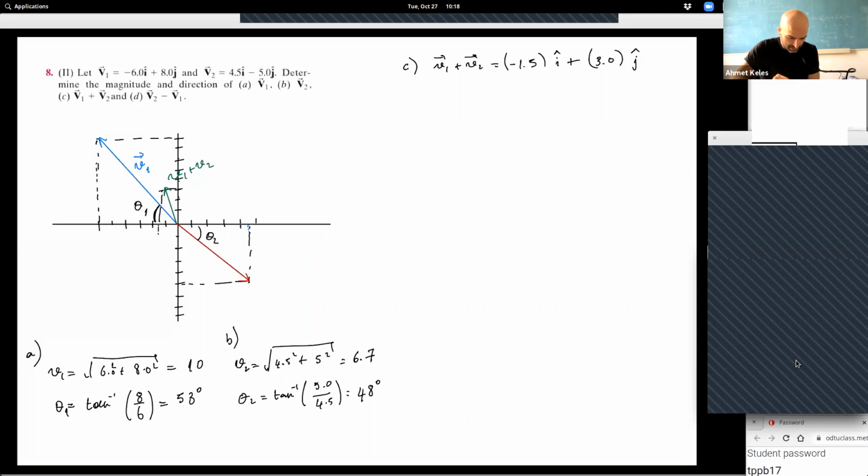Magnitude and direction, let's do this. V1 plus V2. I'll use this because I don't want to use another letter for this sum. This is 1.5 squared plus 3.0 squared, and square root is 3.3.